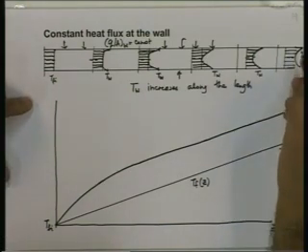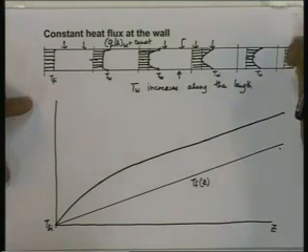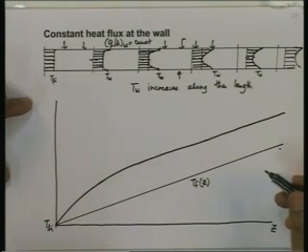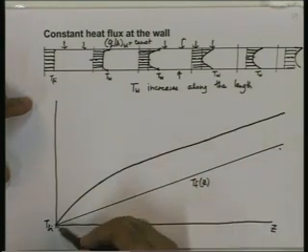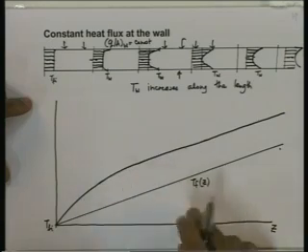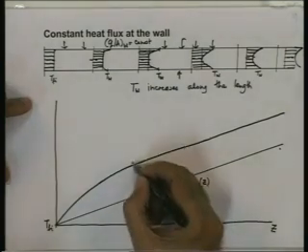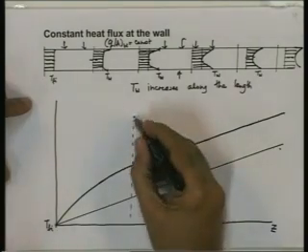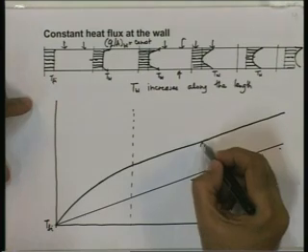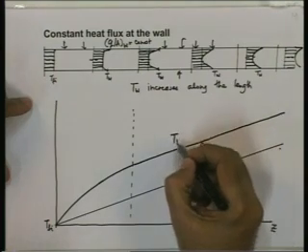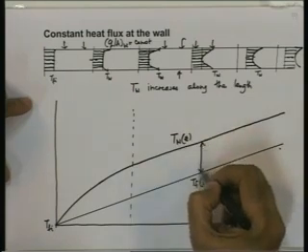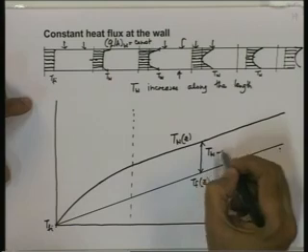The gradient at the wall is fixed, and even the temperature difference between the wall temperature and the mean fluid temperature would be constant. You will notice that the wall temperature goes on increasing faster than the fluid temperature up to a certain distance. Beyond that, the temperature difference between the wall and the fluid will remain constant. This is the temperature difference. This is T wall minus T fluid.